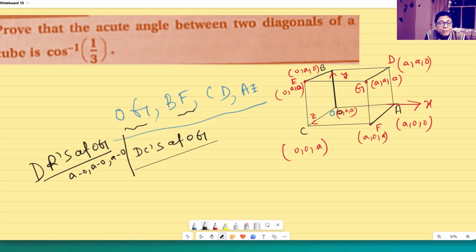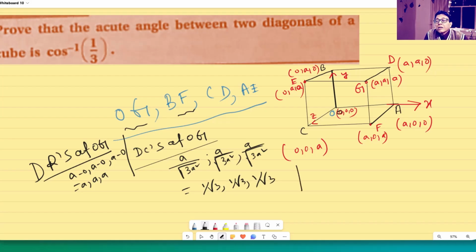That is A, A, A. This will be A by under root 3 A square. Not sigma, it is just 3 A square. Okay? So this is 1 by root 3, 1 by root 3, 1 by root 3.